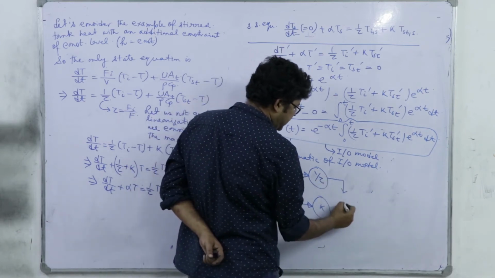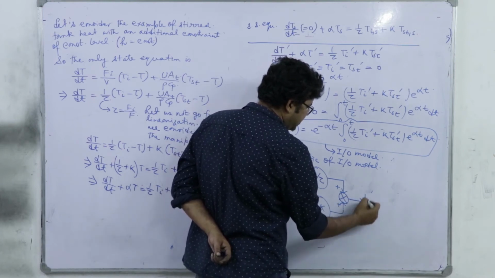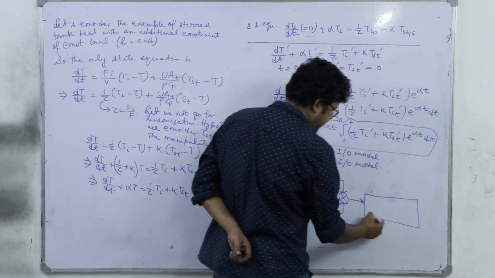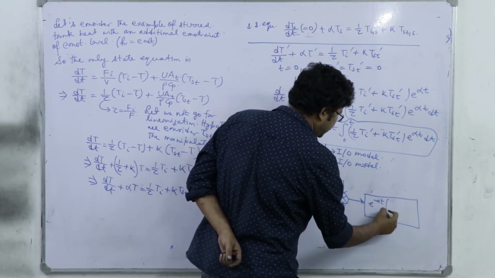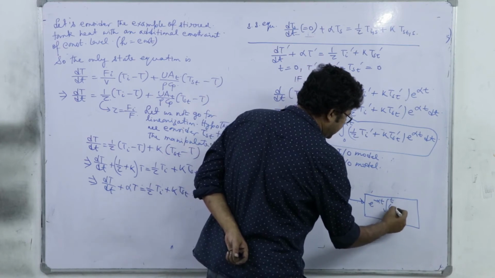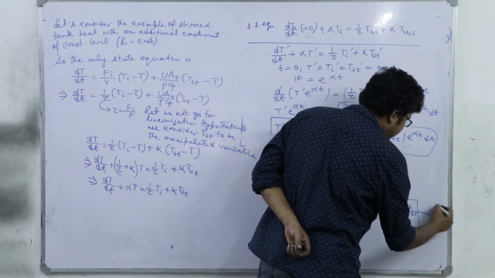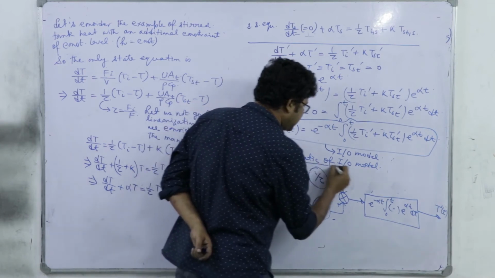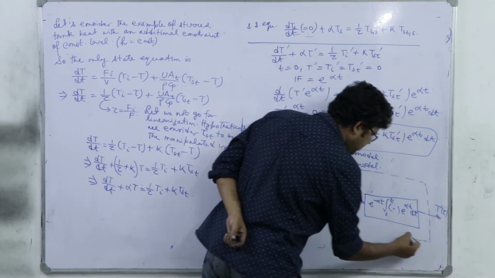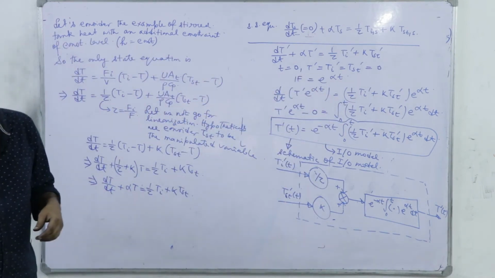Next these two signals are to be added, going to a mathematical operation block, e to the power minus alpha t, integral from 0 to t, times e to the power alpha t dt, and it produces the output T'(t). So that's my input output model.